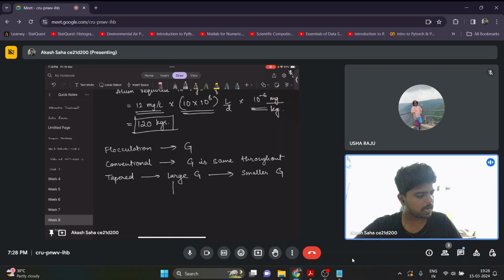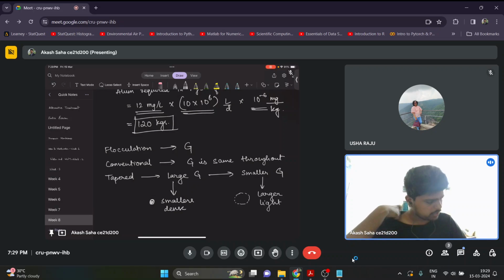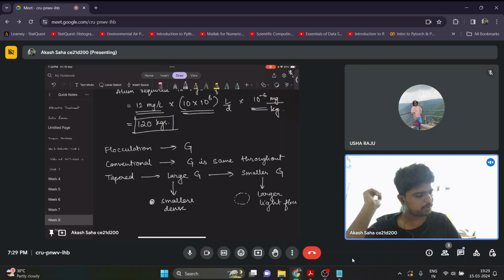So when large G is there, the particles formed will be smaller and dense. And when the G value is smaller, the particles will be larger but light. Okay, so lighter floc will be formed.